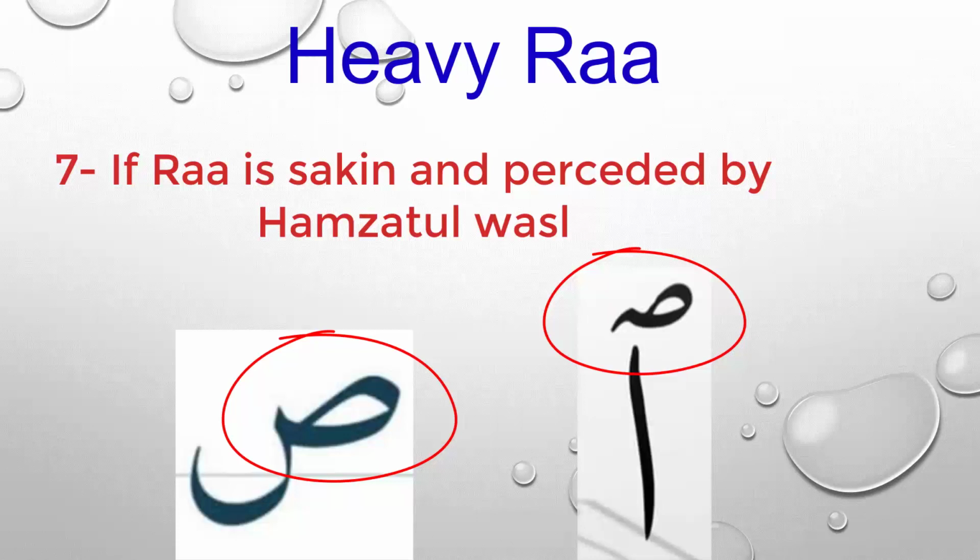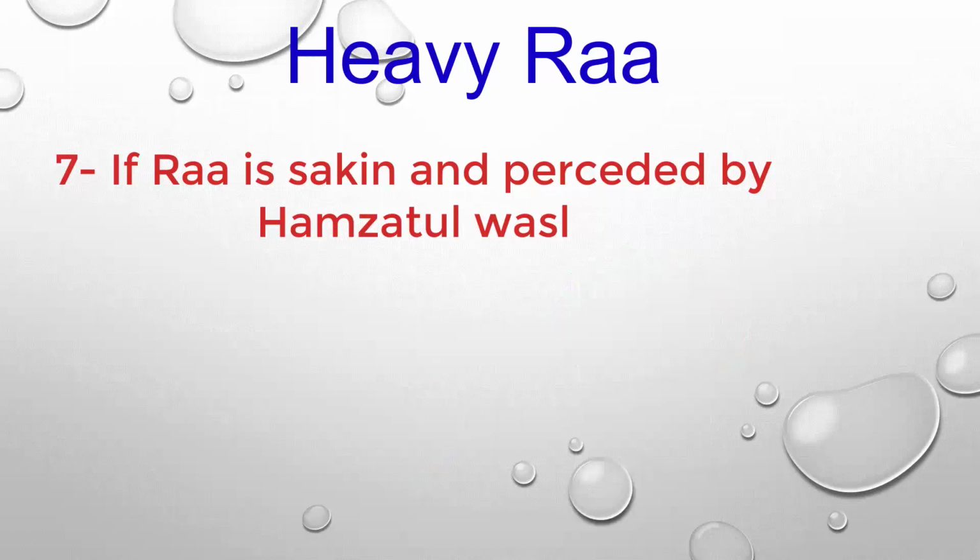So the rule says if you have Ra sakina preceded by a Hamzatul Wasl, you make it a heavy sound. And it doesn't matter how to pronounce Hamzatul Wasl, because it is pronounced with U sound or E sound. If you pronounce it with U or E sound, Ra is heavy in the two cases. Let's see some examples.